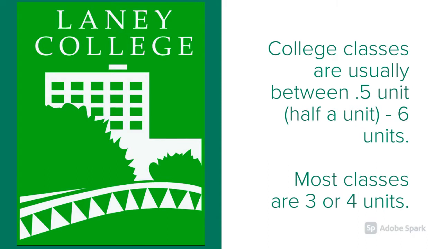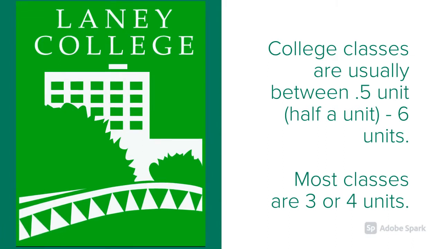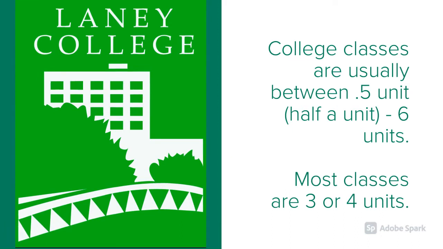College classes are usually between half a unit to 6 units. This means a class can be half a unit, 1 unit, 2 units, 3 units, 4, 5, 6. But most classes are 3 or 4 units.